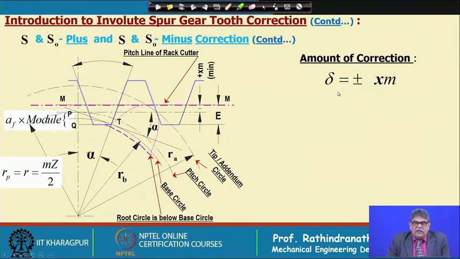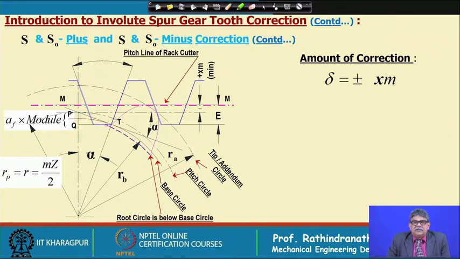Now, already I have discussed how the gear correction is given. I have also stated under what conditions gear corrections are provided. To make the gear and pinion of equal strength, correction is provided.